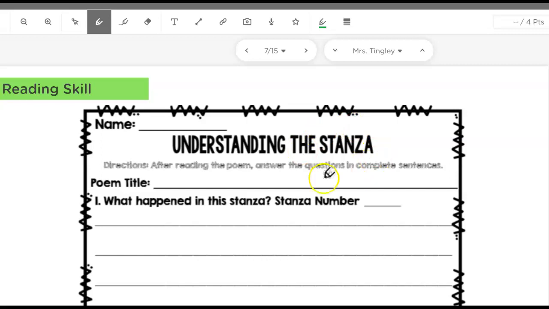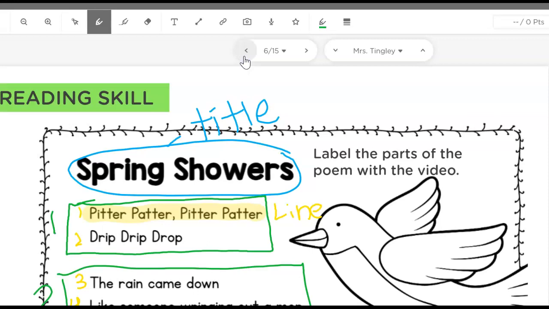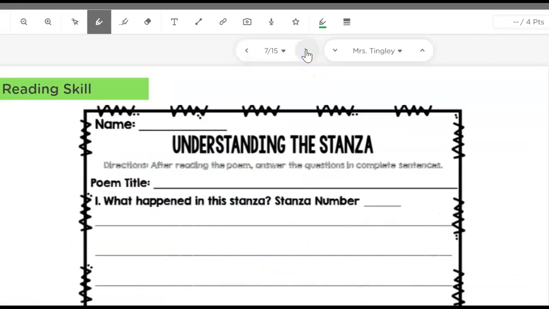Understanding the stanza. The poem title is called Spring Showers. Now, what happened in this stanza?